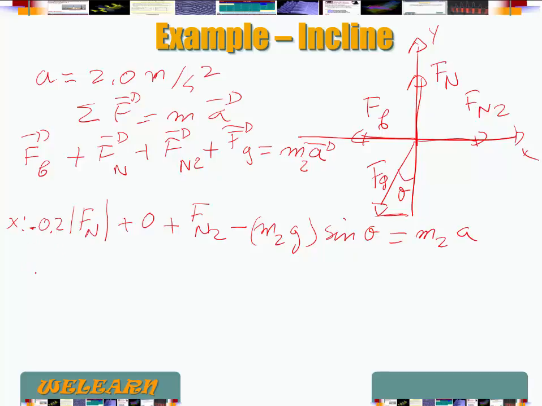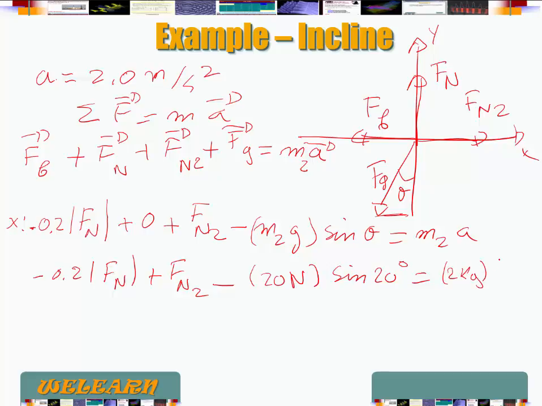If we replace everything that we know, so minus 0.2 times the normal force plus Fn2 minus m2 is 2 kilograms times g, that's minus 20 newtons sine of 20 degrees, and that's equal to 2 kilograms times 2 meters per second squared, or 4 newtons.